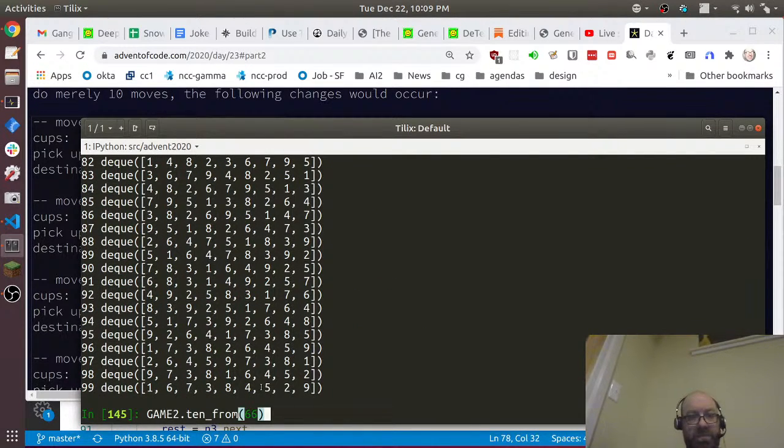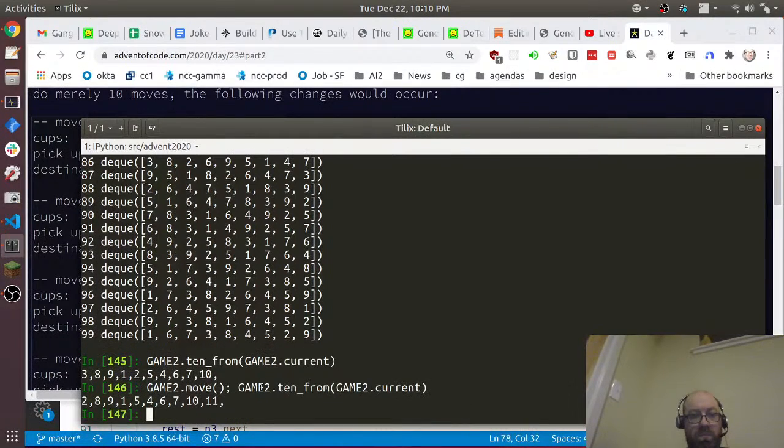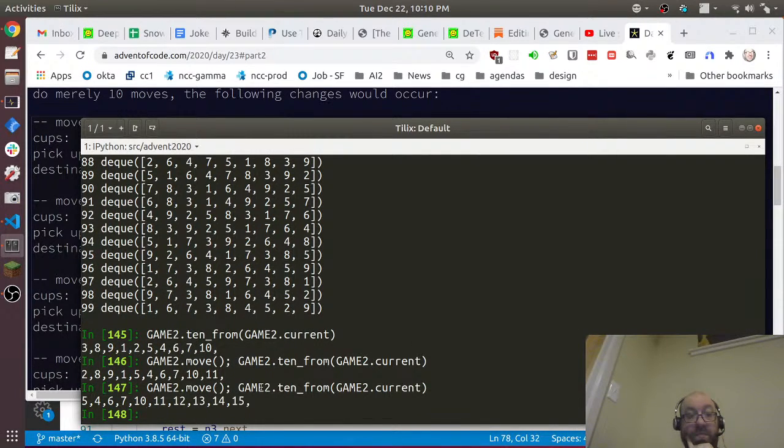Let's start over again. So I start with 3. I moved the 891s after 2, and then I moved after 2. Okay, so that's good. I start with the 891s again, and I move them after 1,000,000, I think.